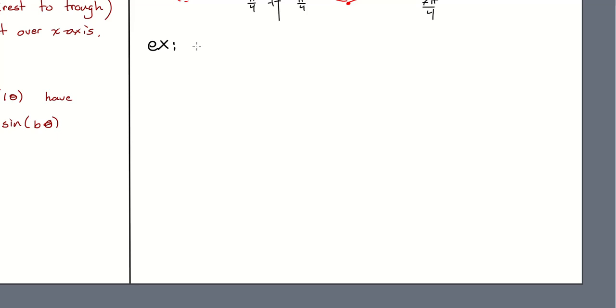So here are our functions, and I'll do different colors for both of them. First of them, we have this function called f of x, and whether it's f of x or theta doesn't matter. I'm going to use x since that's what they did. We have negative 1/2 sine of x halves.